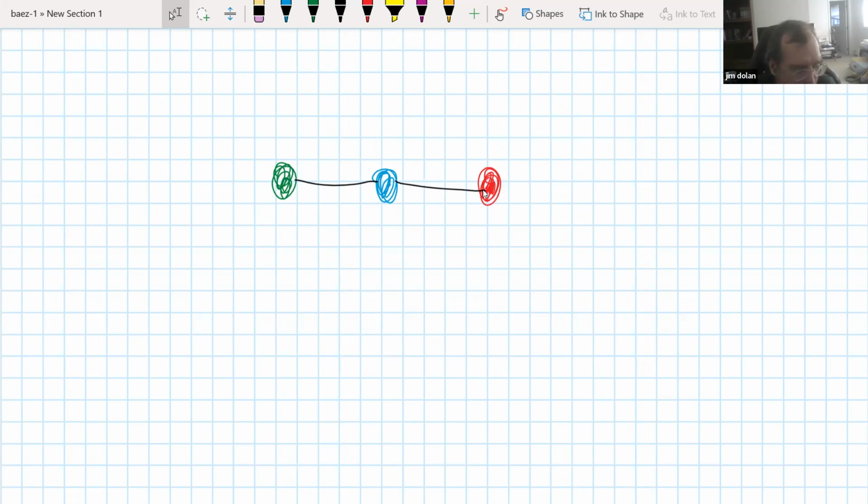So what am I trying to say? The Coxeter diagram that you get by erasing the blue dot, that's the things that stabilize a Gaussian or something like that. It's just a separated Coxeter diagram, just an isolated green point and an isolated red point.